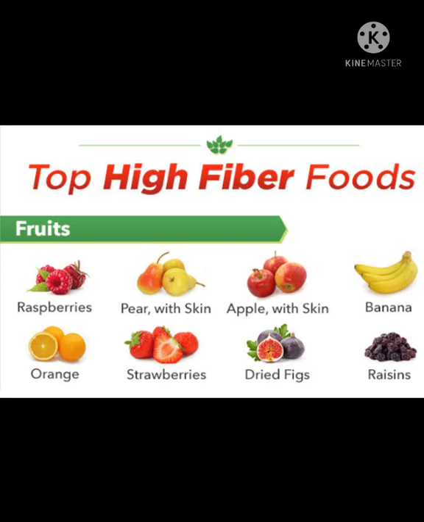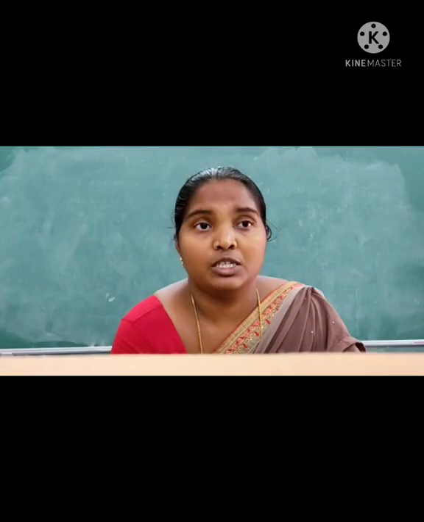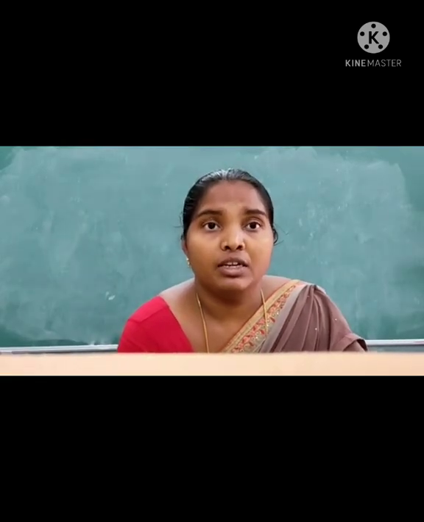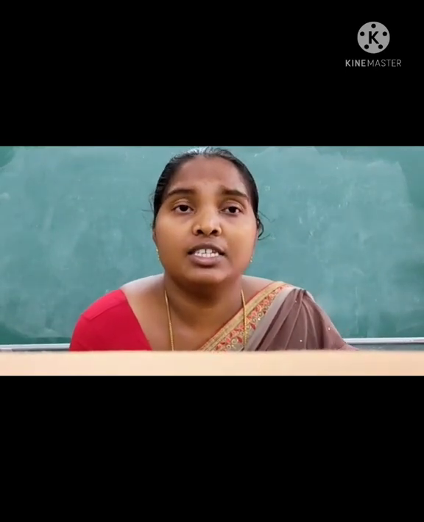Top high fiber fruits: raspberries, pear with skin, apple with skin, banana, orange, strawberries, dried flax, raisins. Explain what will happen if you don't take roughage in our daily diet.